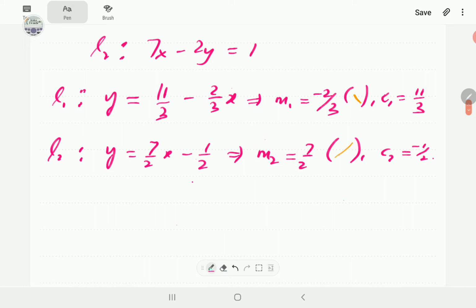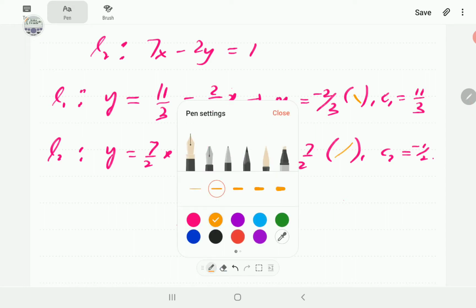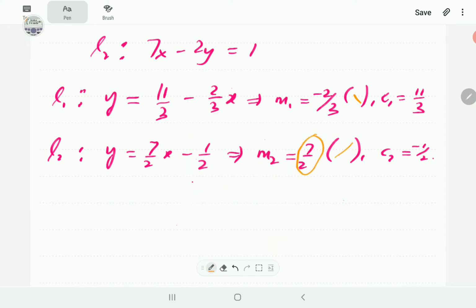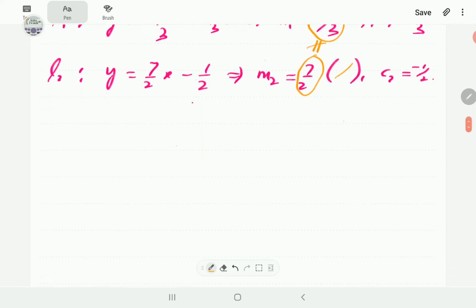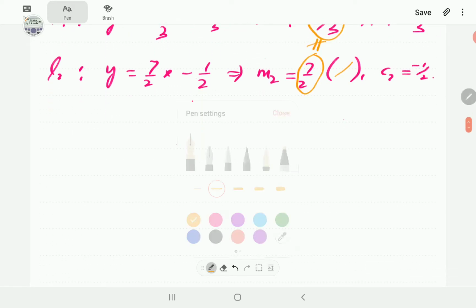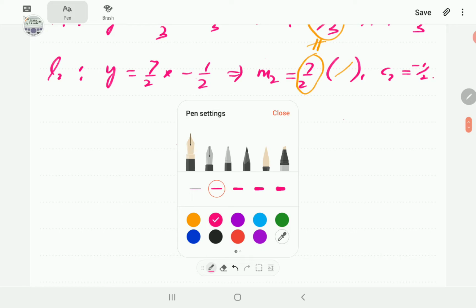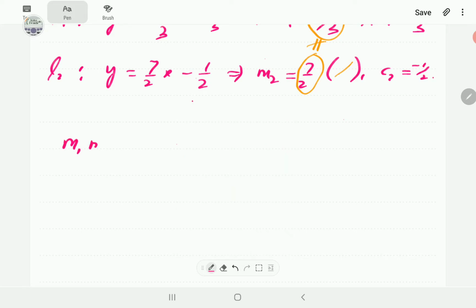Looking at the two gradients, we can see that they are not equal. So that means the lines are definitely not parallel, but we need to test whether the lines are perpendicular. So work out the product m1 times m2. This gives us minus 7 over 3.